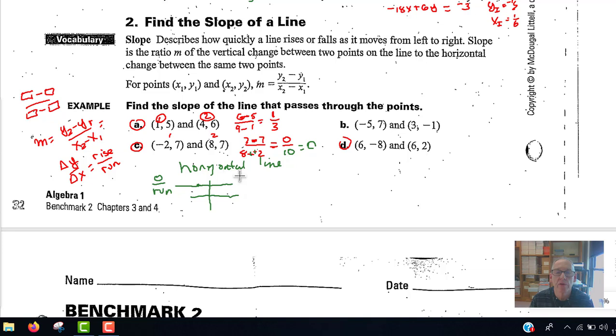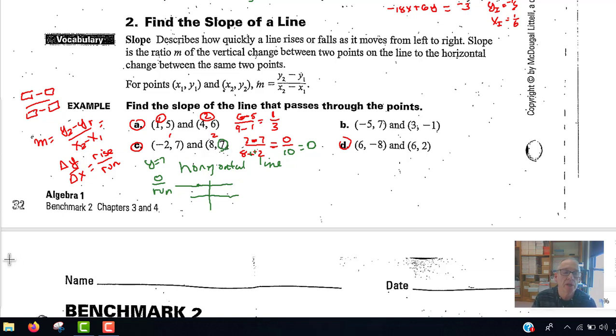So it stays level, which makes it a horizontal line. So as a special case, a line with a slope of 0 only has the y number that matters. The equation of this line would actually be y equals 7, because the y's are always going to be 7. It doesn't matter what the x is.